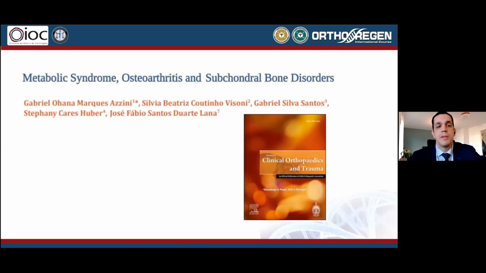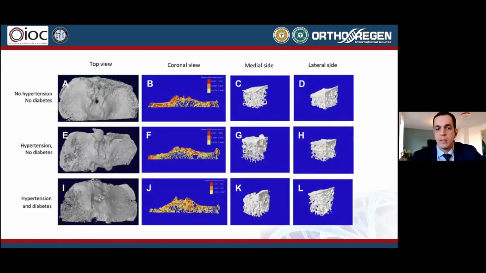Last year, we published this article linking metabolic syndrome with osteoarthritis, especially in the subchondral bone disorders. In this slide, we can see in picture B that red means good quality bone and yellow means low quality bone.